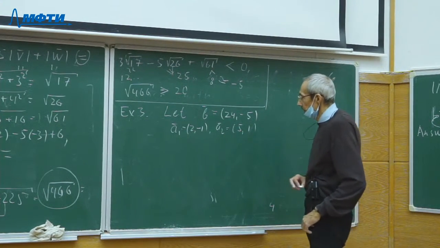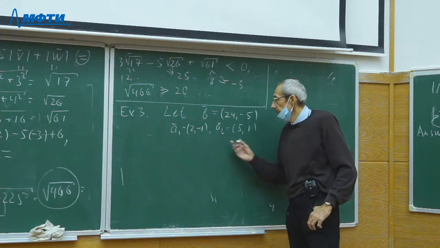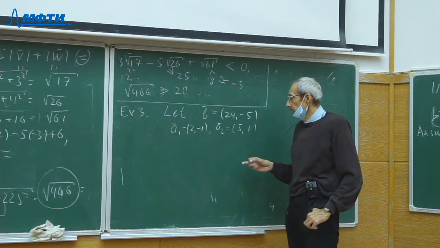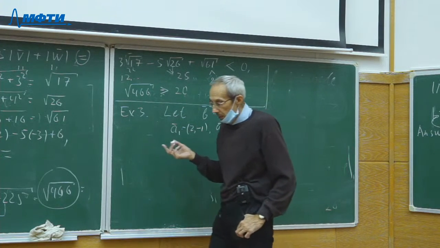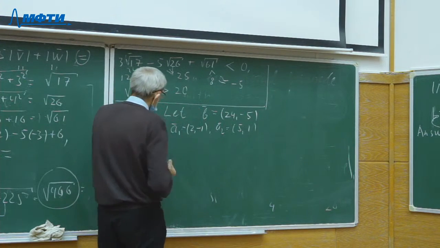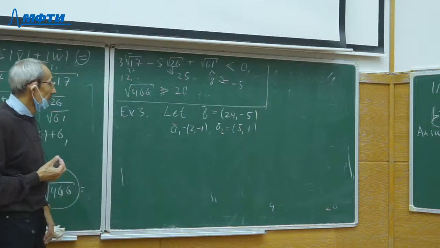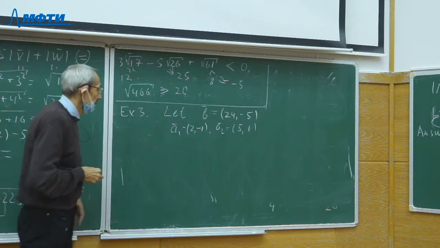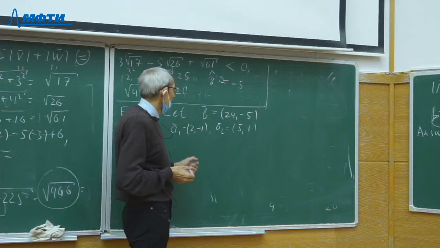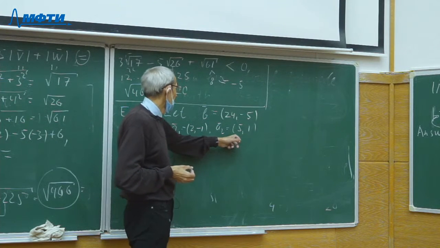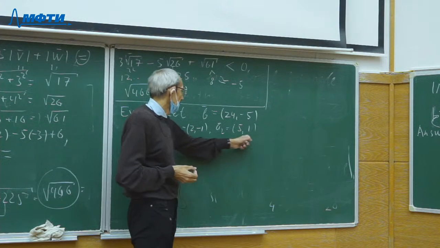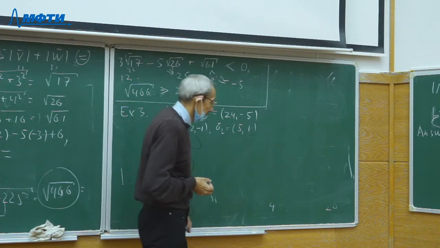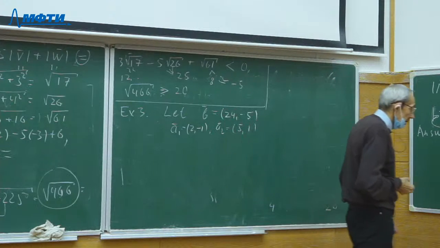A1, A2. These vectors are non-parallel, because if these vectors were parallel, they would have proportional coordinates, but we can see that the ratio of 5 to 2 is not equal to the ratio of 1 to -1.